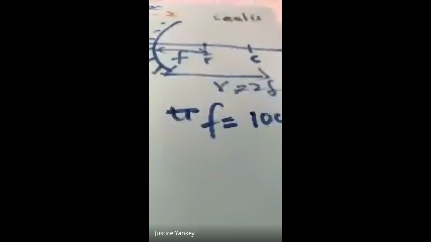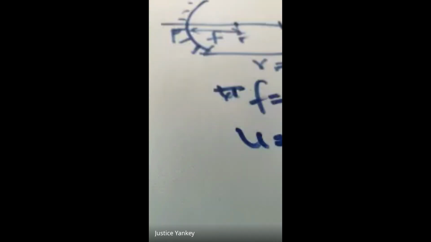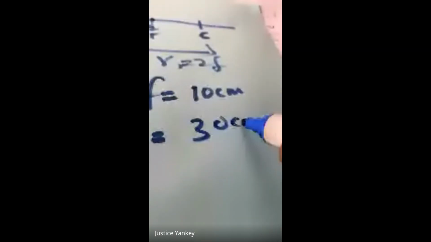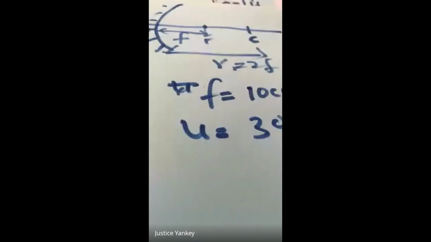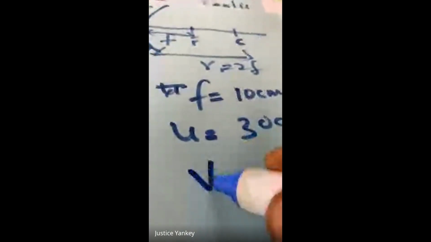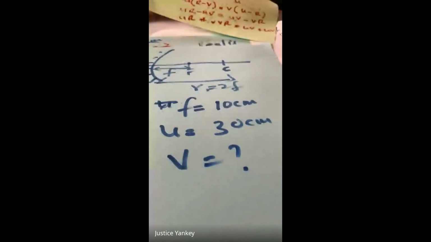So let's say you have a concave mirror labeled f equals 10 centimeters. Now you place an object U at a distance, let's say 30 centimeters from the mirror. Question: where will the image be formed? What is the image distance? And 2, what is the magnification?